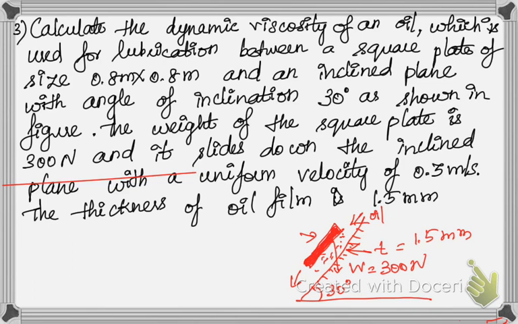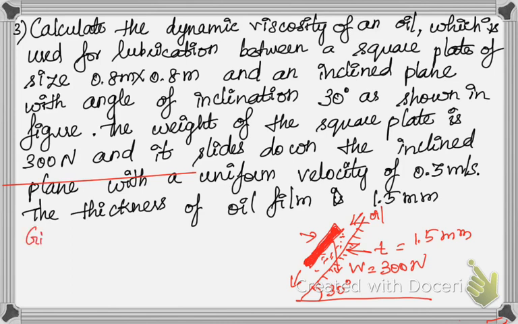The weight of the square plate is 300 Newton, and it is sliding down the inclined plane with a uniform velocity of 0.3 meter per second, and the thickness of oil film is 1.5 mm. Here they have asked us to calculate the dynamic viscosity of the lubricant oil.